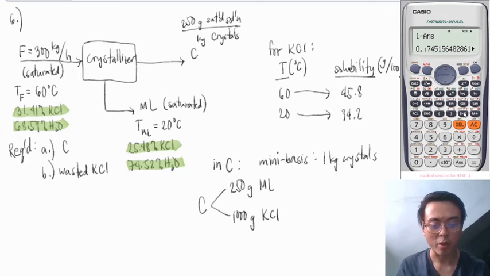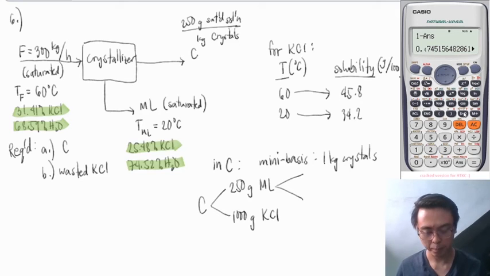Now, based from our previous computations, we know that the mother liquor contains 25.48% KCl and 74.52% water. So we can apply that in here. You can further split your mother liquor into water and KCl.